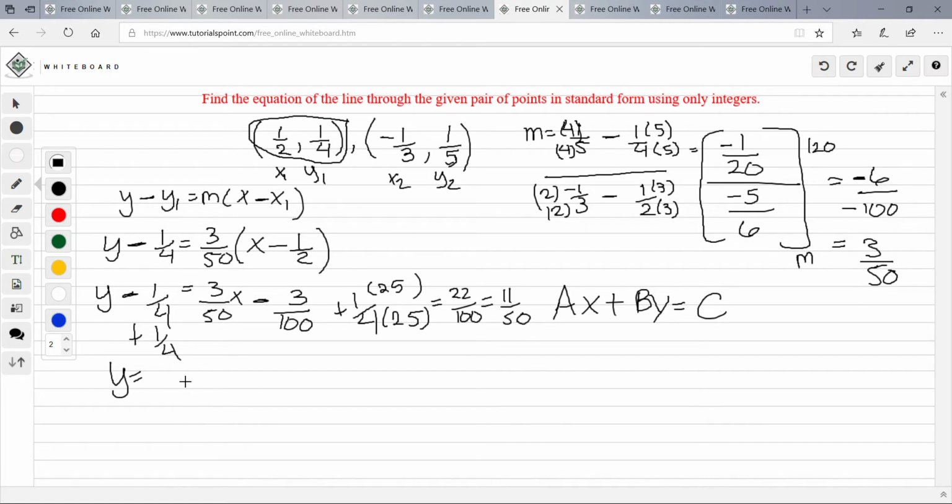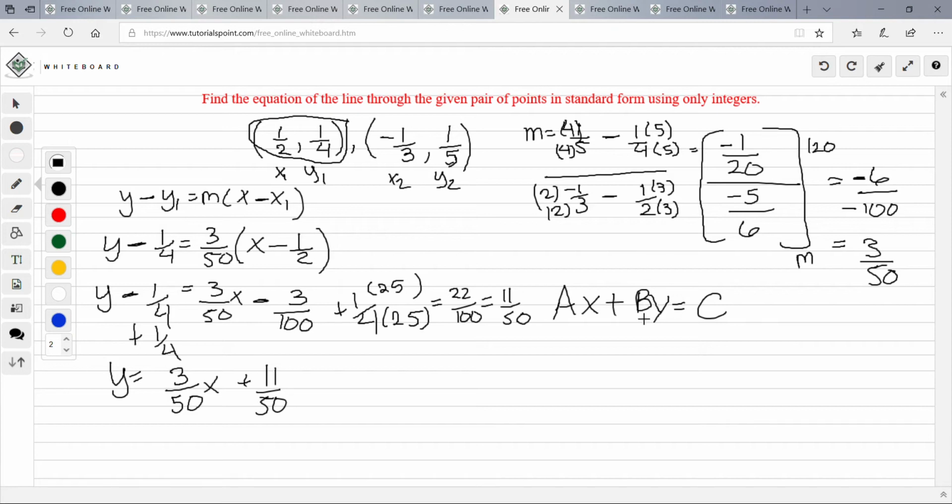So this is going to be 3 over 50x plus 11/50. Yeah, 11/50. Now we want it in this form, so we have a y on the left side, which is what we want.